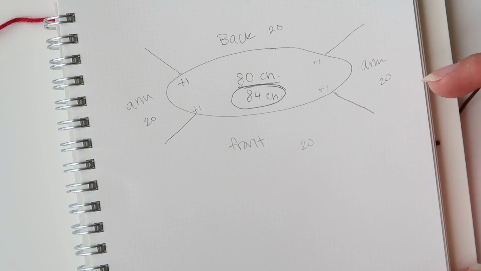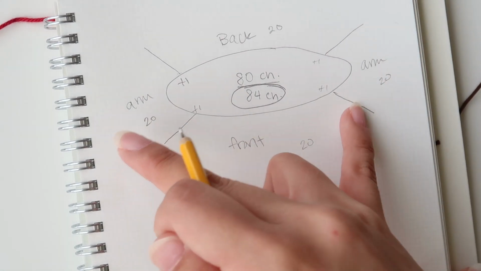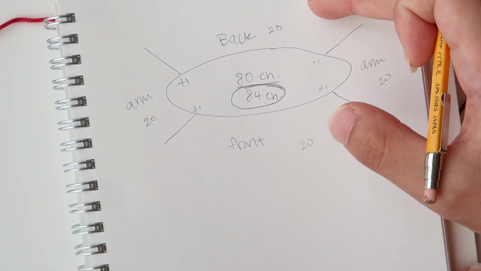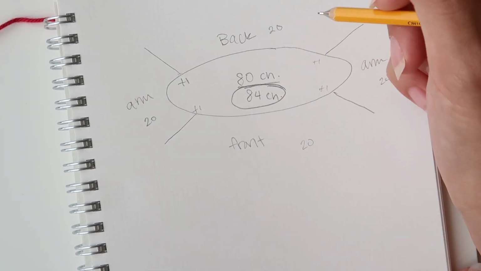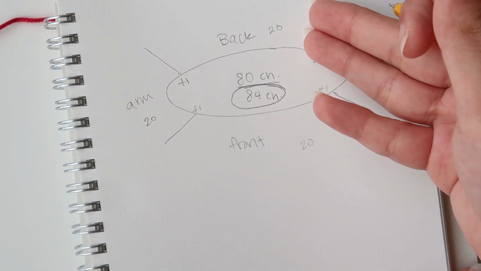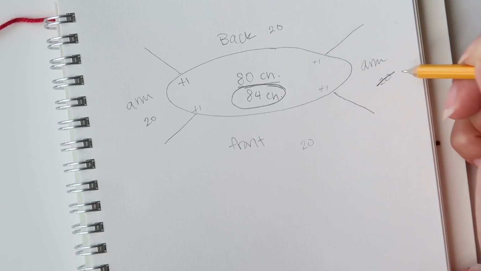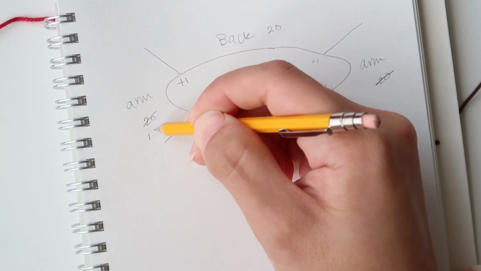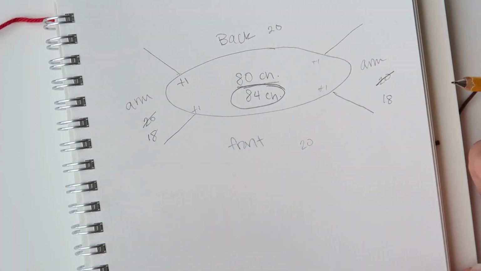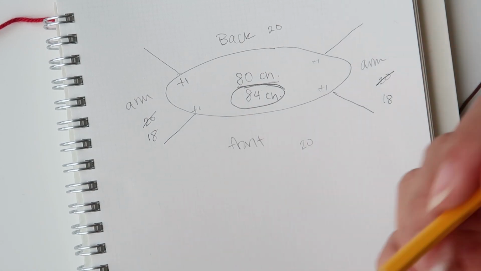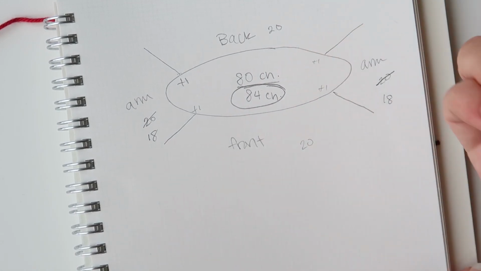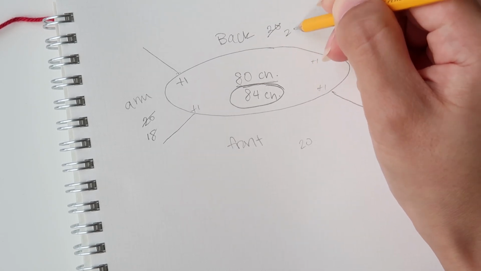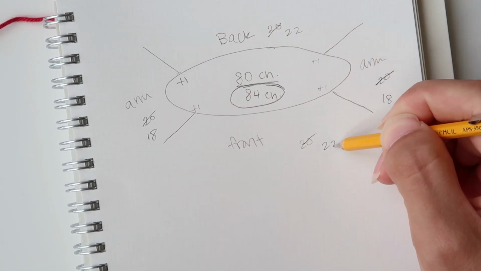However, I don't necessarily want my arm sections to be as big as my back and my front. So instead of 20, I'm going to decrease that count to 18, which means that I have 4 more stitches that need to be accounted for somewhere. And for myself, I'm just gonna do 22 and 22.